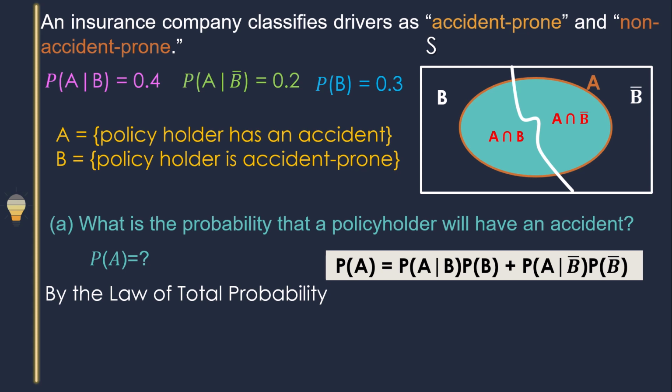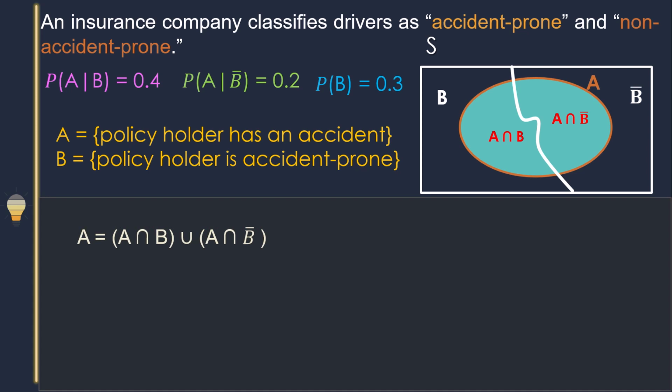Let me explain this using this Venn diagram. As I explained before, we can write A intersection B union A intersection B complement. So it is clear from the diagram.